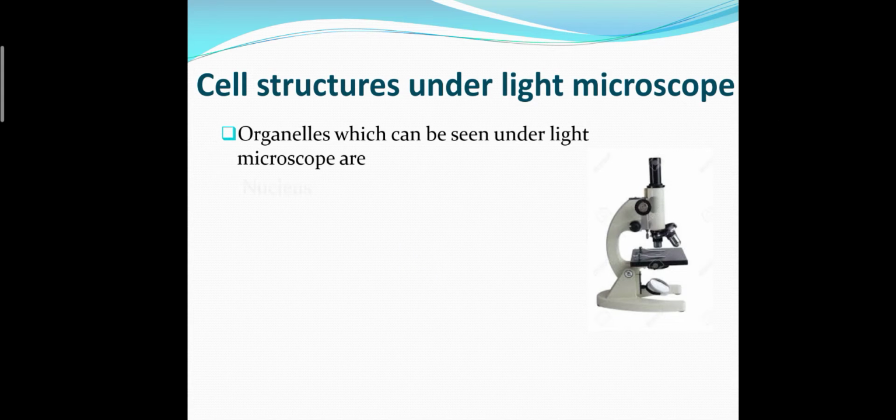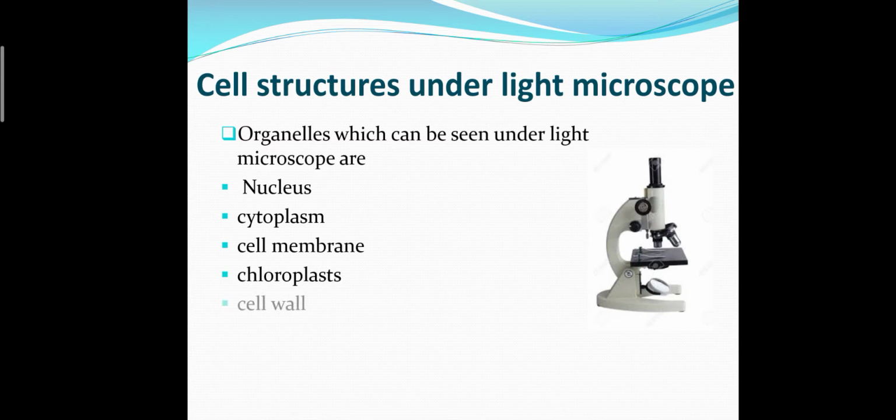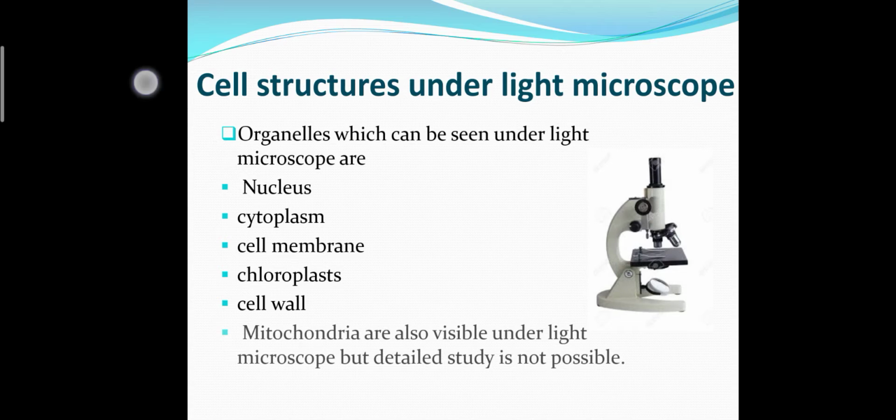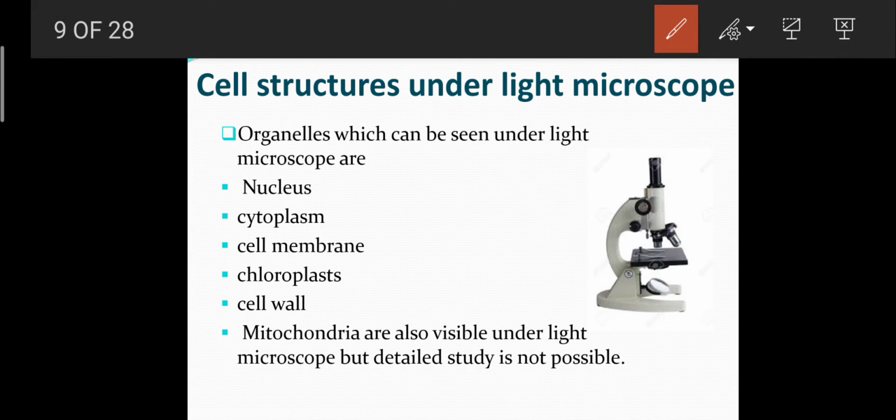The organelles which can be seen are the nucleus, cytoplasm, cell membrane, chloroplast, cell wall and mitochondria. Mitochondria are also visible under a light microscope, but a detailed study of the mitochondria is not possible.